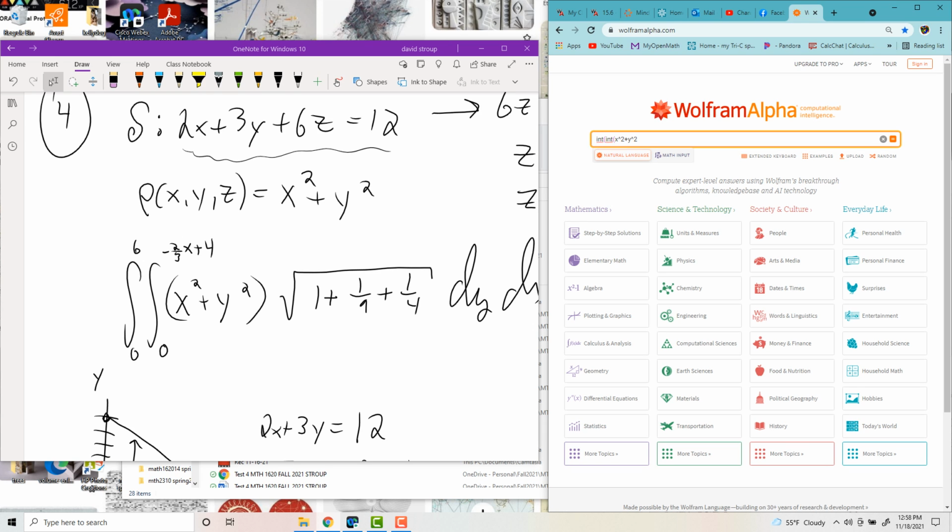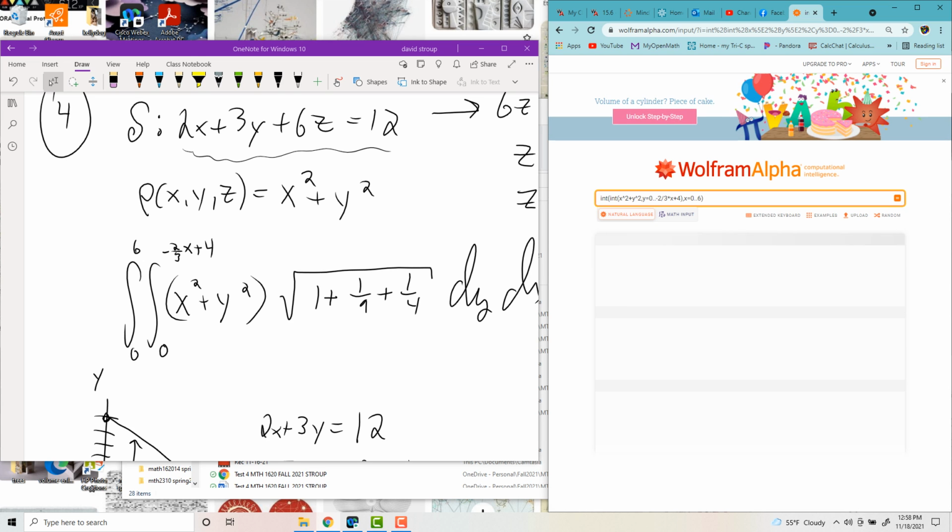And I honestly would not even put that square root junk in there. I just tack that on at the end. So x squared plus y squared, comma. Looks like I'm going y equals 0 to negative 2/3 x plus 4, comma, x equals 0 to 6. Push enter.